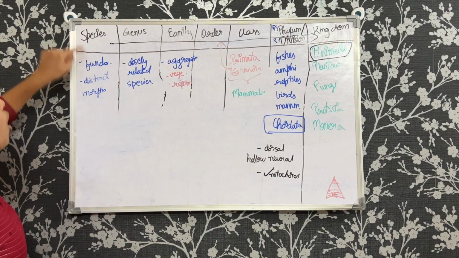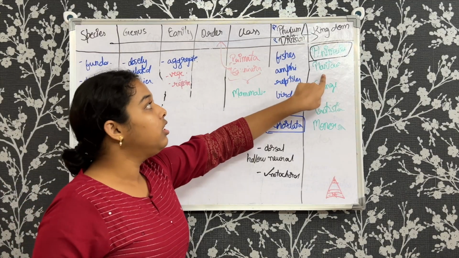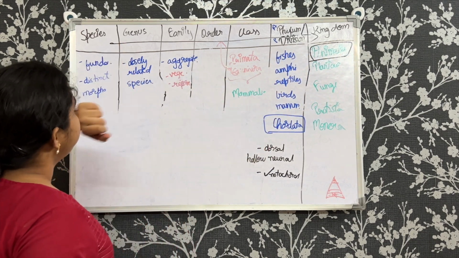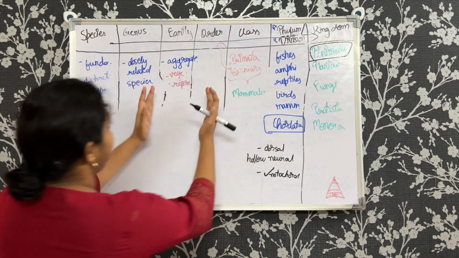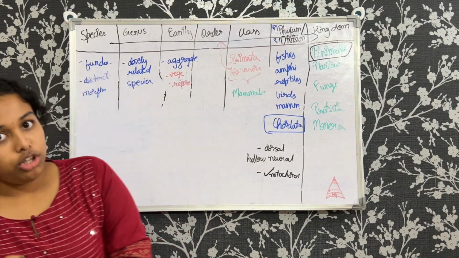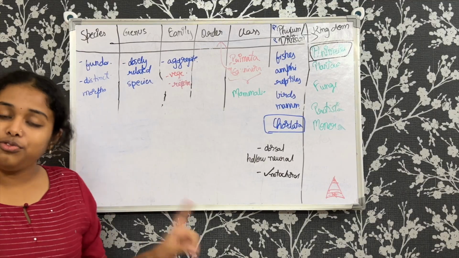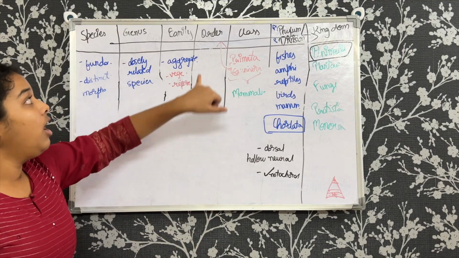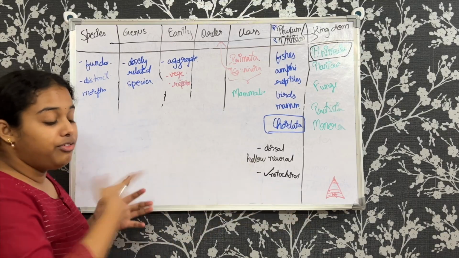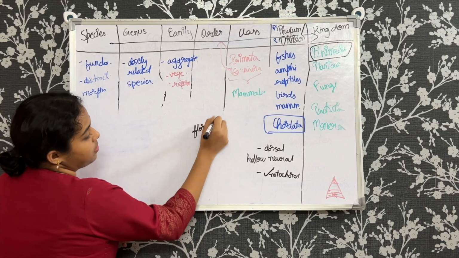Here, the common features are extremely high. But here, the common features are extremely low. If we come somewhere right in between, we will see that Solanaceae and Convolvulaceae have different features. That's why they were different families in the first place. But I said Polemoniales, they came under the same order. Why? Not because they were the same in every aspect, but because they were the same only in terms of floral characters.